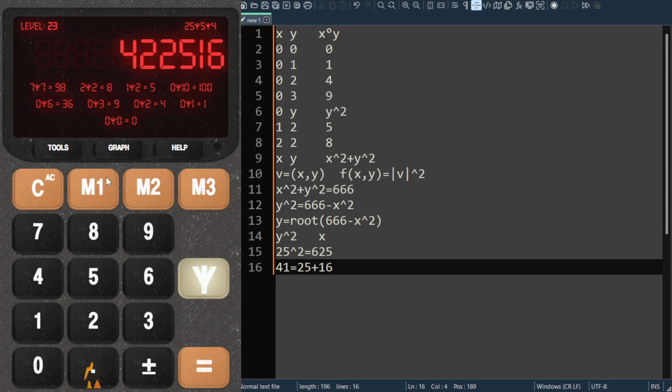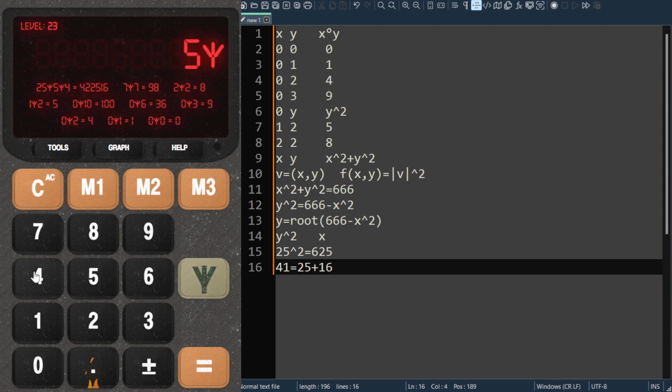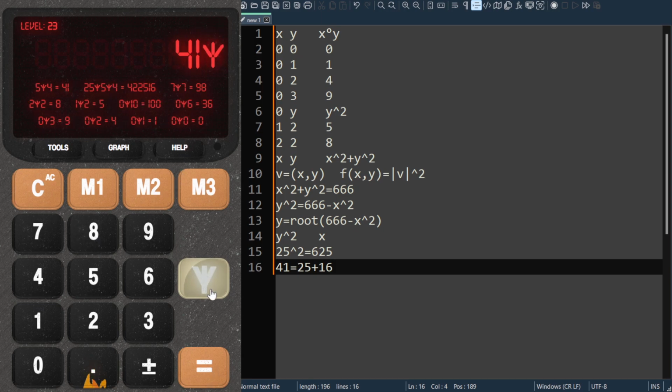Now I'm confused. This is quite interesting. This should output 41. Okay, this function behaves weirdly when using multiple of it. 111, it equals 5.